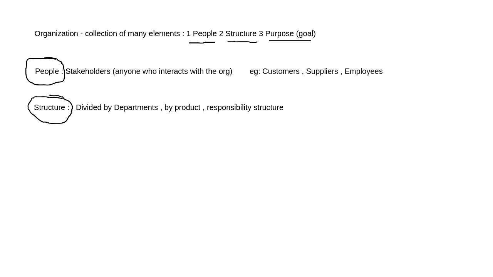Third one, every organization has a purpose, or we call it a goal. There are many intentions of building up organizations. People don't just build organizations for nothing. They want to achieve something, right? Most of the time, they want to achieve profit maximization. They need to earn profits.